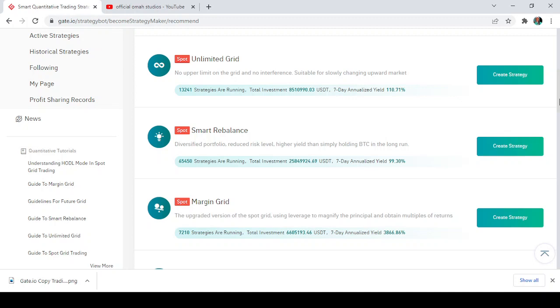So the next one we have here is the smart rebalance. So guys, what is smart rebalance? It says here: diversified portfolio, reduced risk level, higher yields than simply holding BTC in the long run.